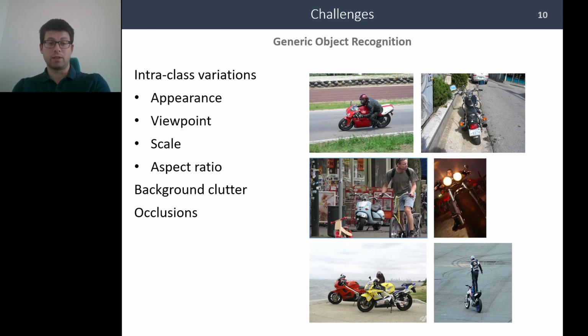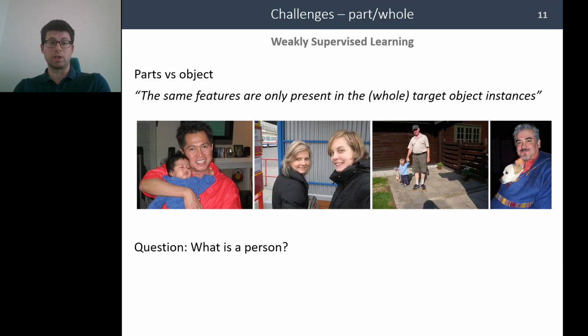For example, if you look at these motorbike images, you will see that they all look different, they all have different scales, and they are captured from different viewpoints. Other issues are obviously background clutter. We can have a very cluttered background, which may distract classifiers. And also occlusions, which can be self-occlusions or occlusions with other objects. Okay, so these are the generic object recognition challenges.